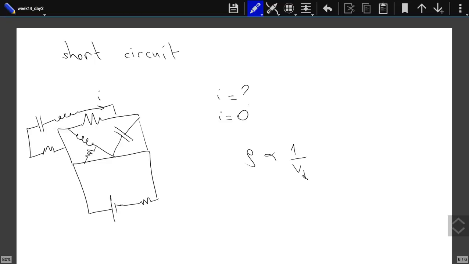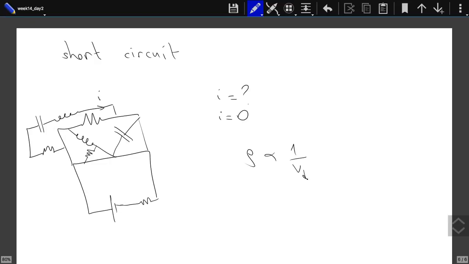What happens in a real superconductor? In a real superconductor, you cannot attach a battery. If you attach a battery, the battery dies. You cannot create a potential difference across a superconductor.